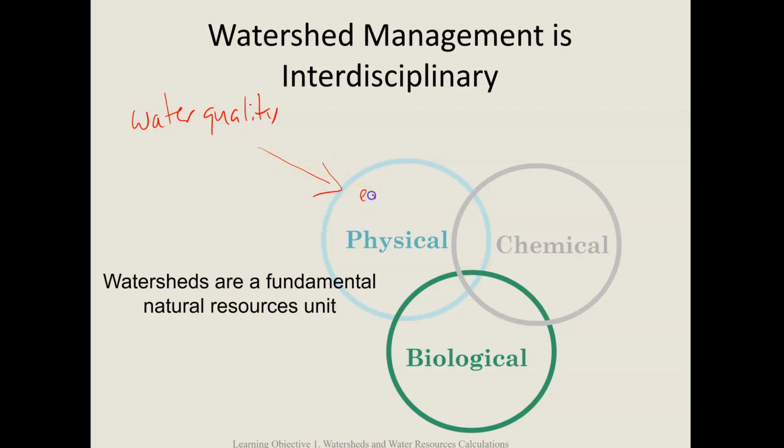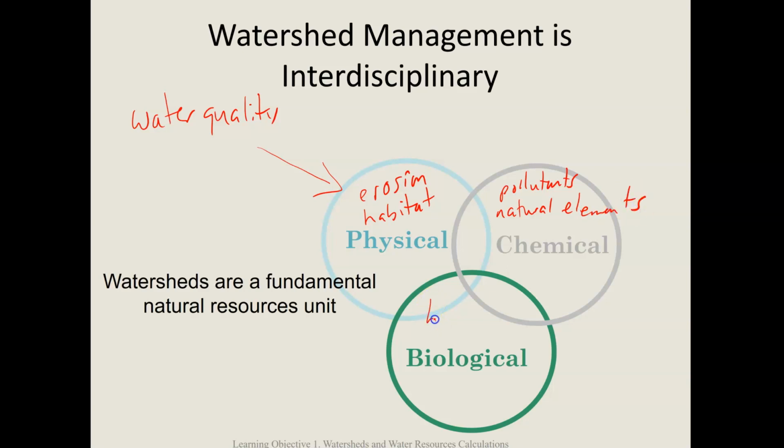Physical factors are things like erosion and stream habitat. Chemical factors can be things like pollutants, but they also can be natural elements.